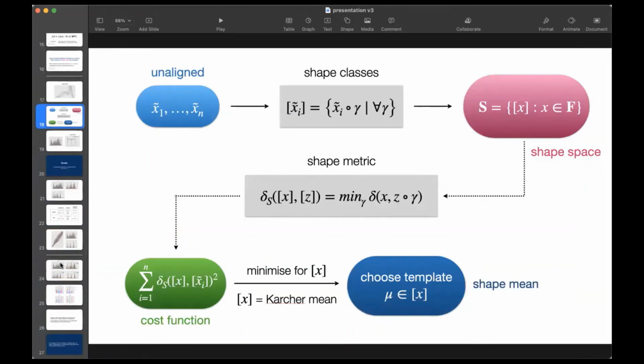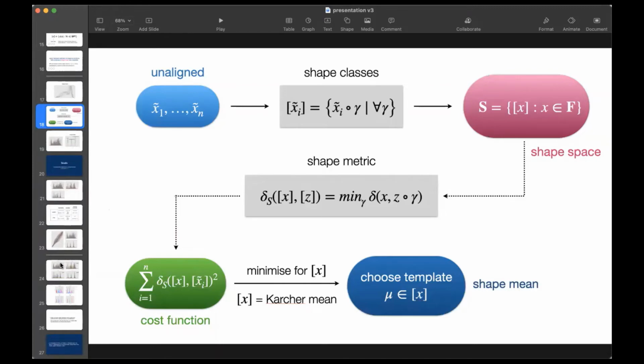There have been some variations of this method where instead of minimizing the sum of the squared distances, you take the sum of the distances, minimizing the absolute value, that is, an L2 metric versus an L1 metric.